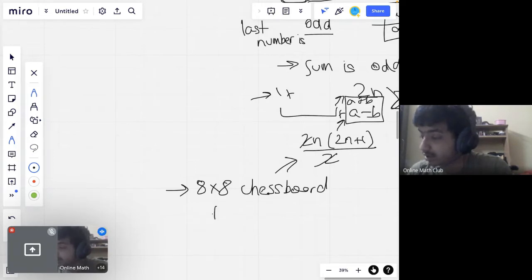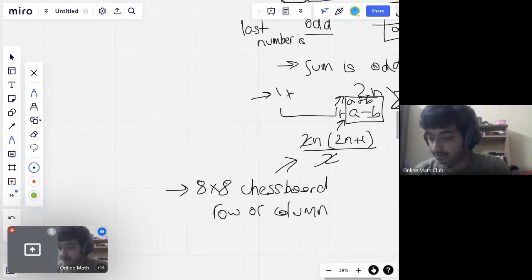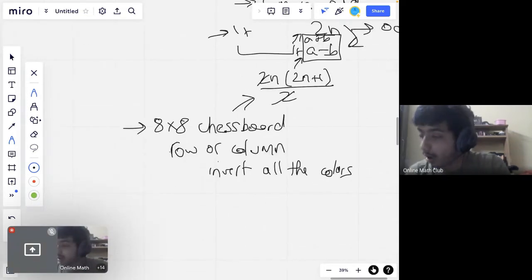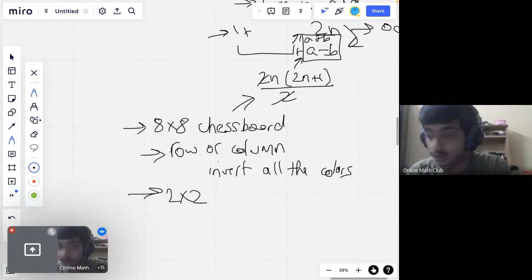You take a row or a column and you invert all the colors. This is one move. You can either invert all the colors in a row or a column, or you can do the same in a 2 into 2 square, any 2 into 2 sub square, right?